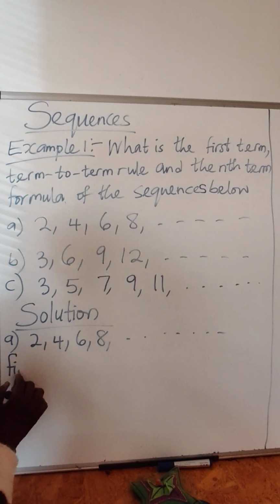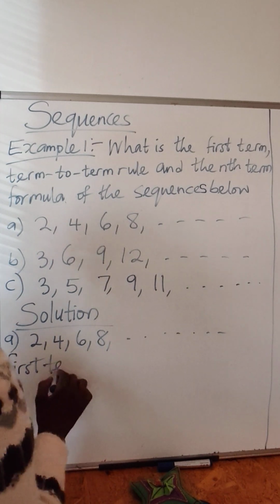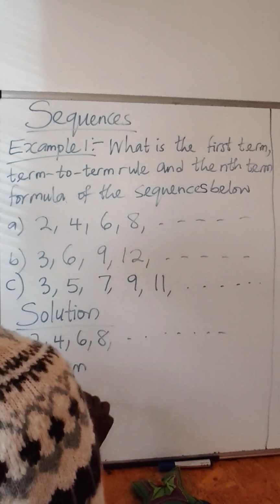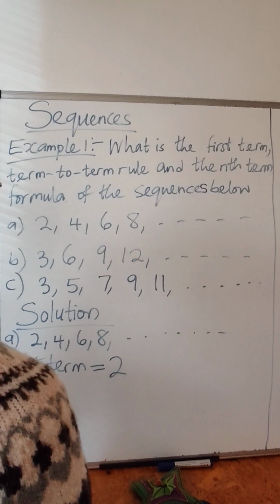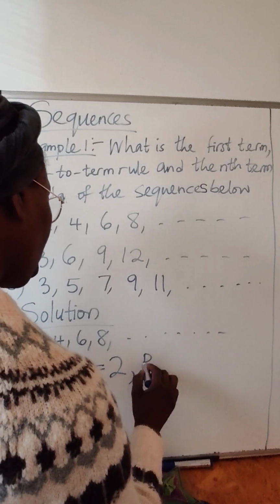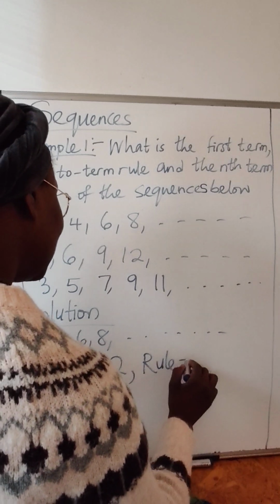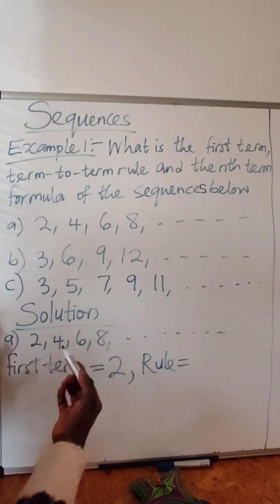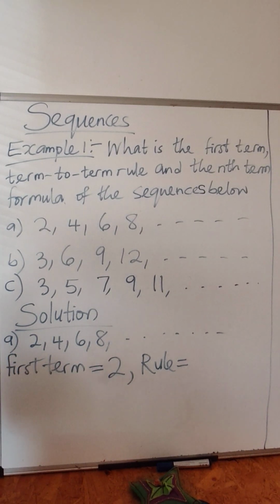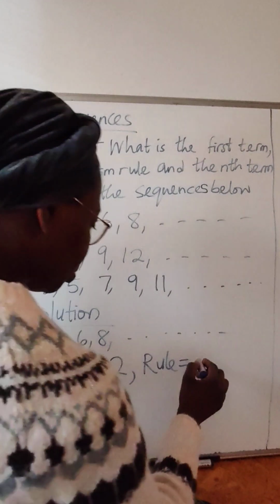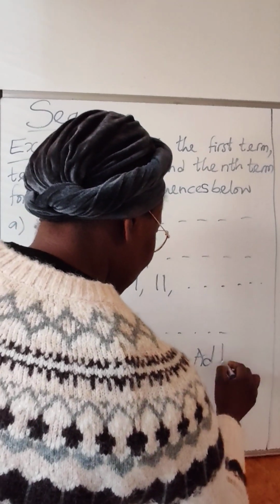The first term, which is the starting point, is 2. The rule that connects the terms of the sequence is add 2.